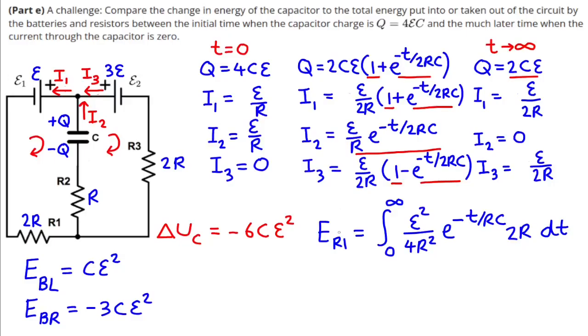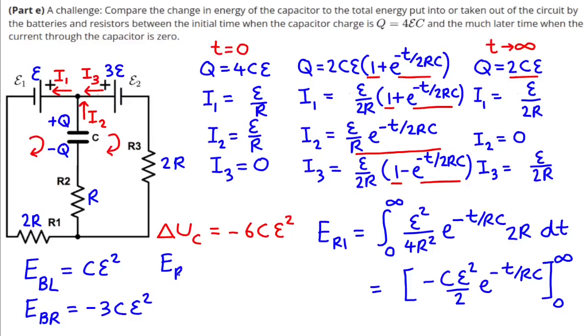So what we get is minus RC multiplied by the constants, which gives minus C epsilon squared on 2 by e to the minus t on RC, evaluated at t equals 0 and infinity. So we get ER1 is positive C epsilon squared on 2.